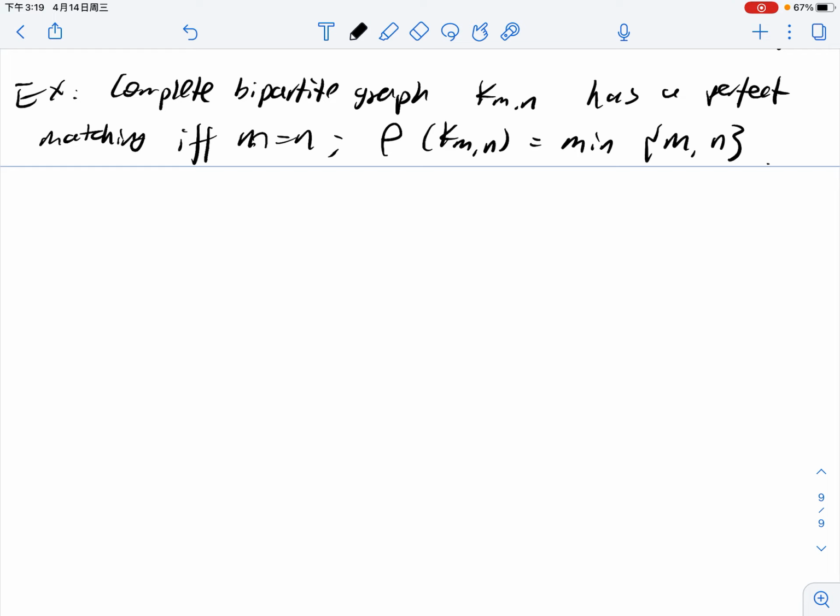Okay, next we are going to give another characterization of the matching by the so-called system of distinct representatives, SDR.